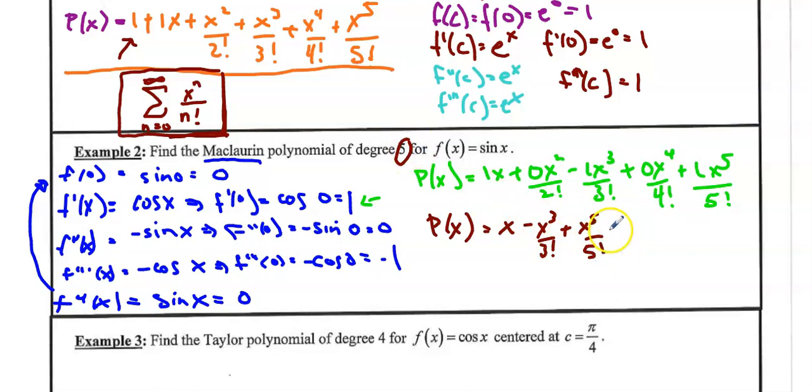And I know it didn't ask for it, but I'm going to just say for our purposes that if we were to continue on with this, it's just going to be alternating positive, negative, right? Odd exponents and factorials. So this would be yada, yada, yada. All right. So hopefully that makes sense to everyone. So these are our chains for both of our e to the x and then sine of x.